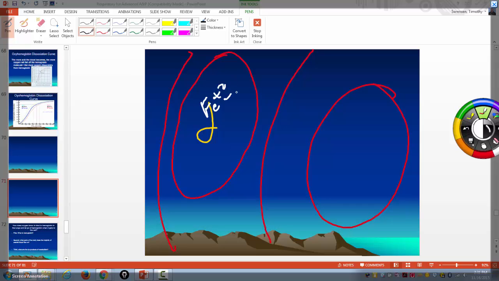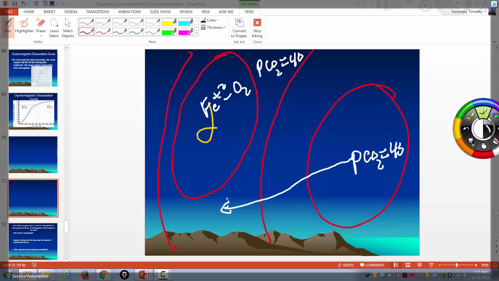And that iron is going to have an oxygen bound to it. So here we go. What is the PCO2 of arterial blood? It's 40. What's the PCO2 inside the cell? 45. So where's the CO2 going to go by pressure? It's going to move from the cell into the blood by pressure until the PCO2 is 45.